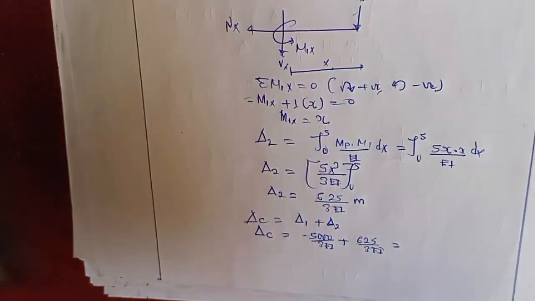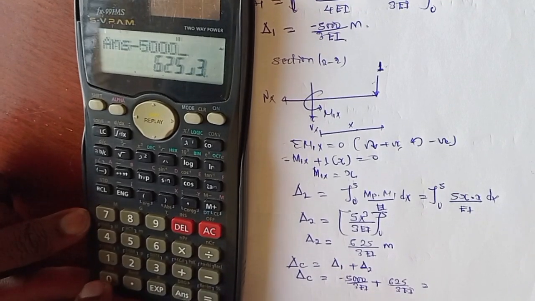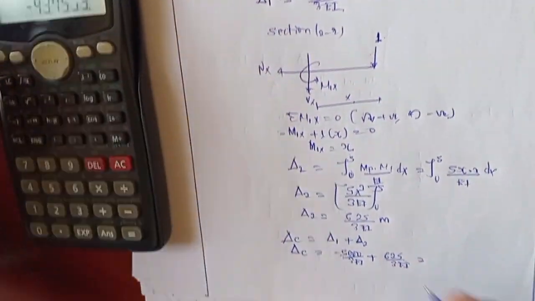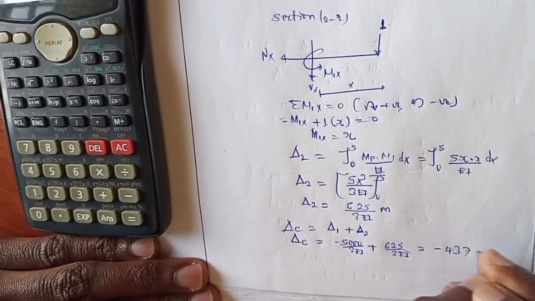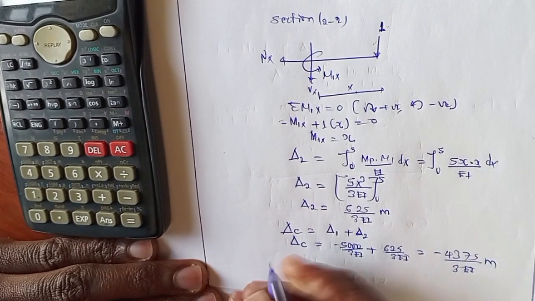We will obtain negative 4375 over 3EI meter.